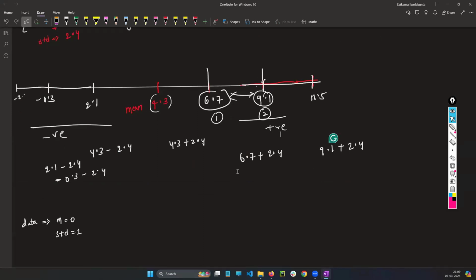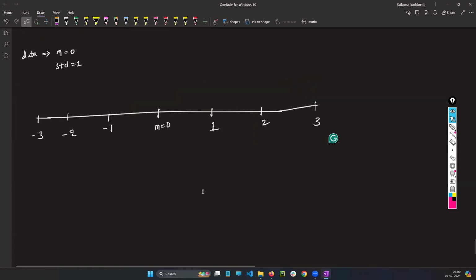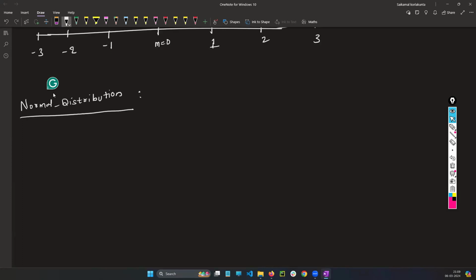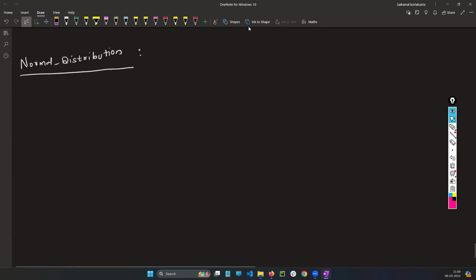So there is a lot of use with the standard deviation. You might ask me, sir, what is the use of the standard deviation? Let's say there is a concept known as normal distribution. Normal distribution means the mean and the standard deviation lines will come.